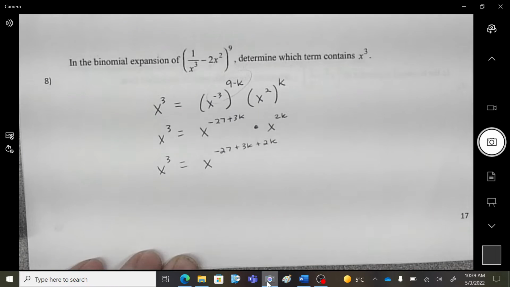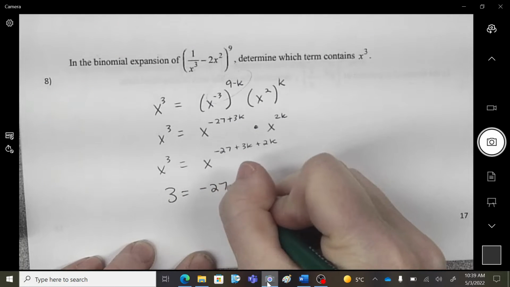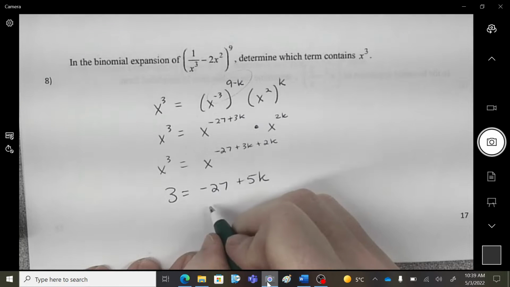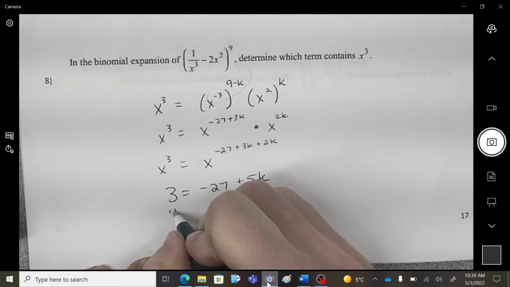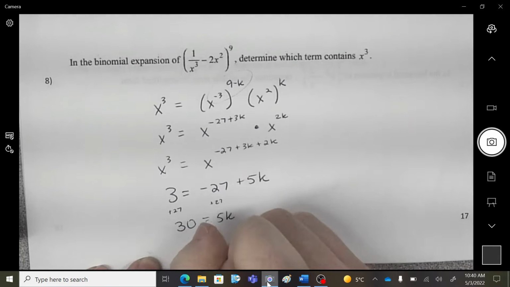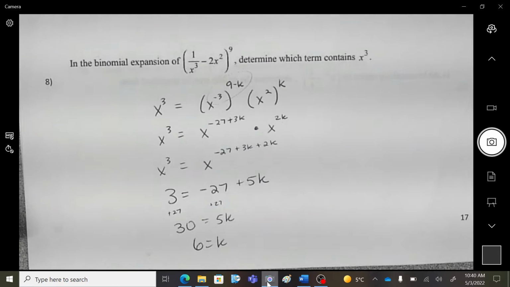Now, because the bases are the same, I can conclude the exponents are the same. So to solve this, I'm going to add 27 and divide by 5. So that doesn't answer my question.